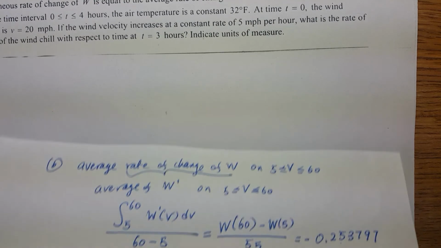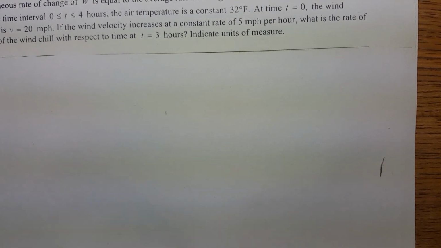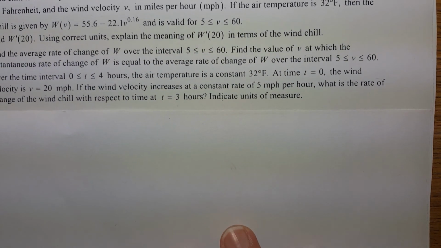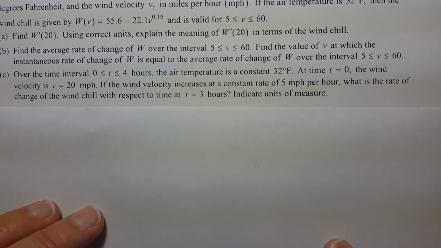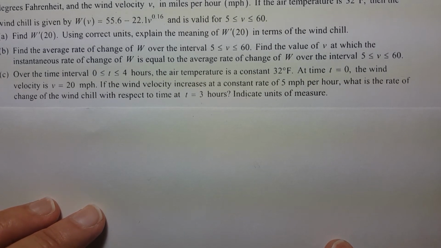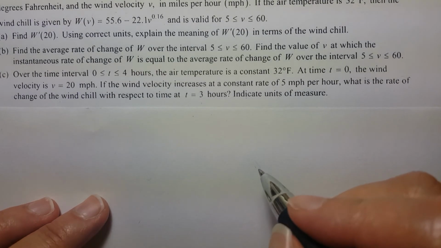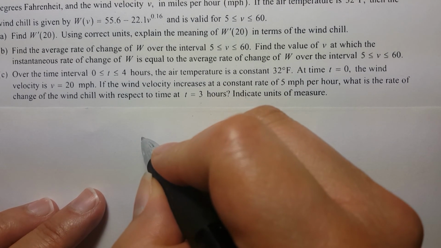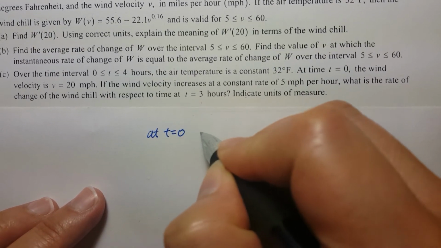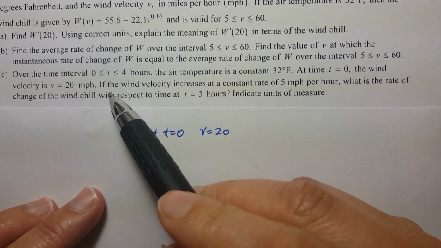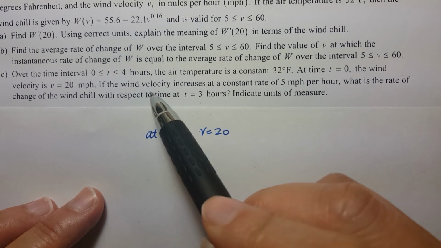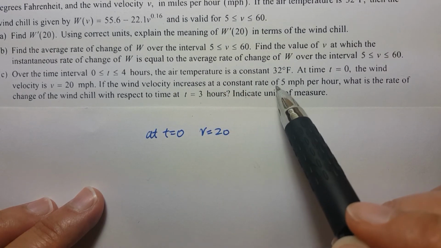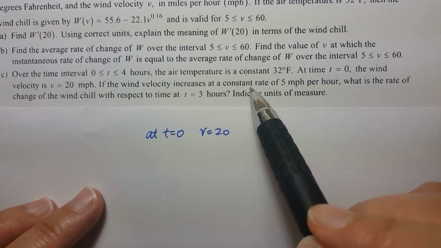Let's take a look at 2C. 2C says that over the time interval 0 to 4 hours inclusive, the air temperature is a constant 32 degrees Fahrenheit. At T equals 0, the wind velocity is 20, so at T equal to 0, V equals 20. If the wind velocity increases at a constant rate of 5 mph per hour, that means this is linear, because a constant slope only happens in linear.